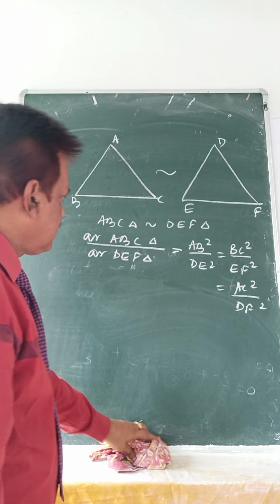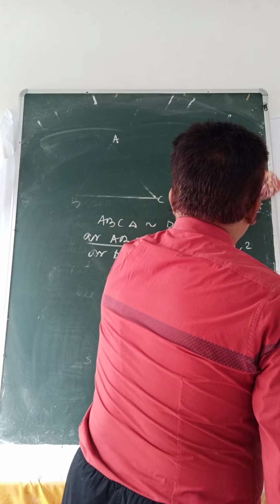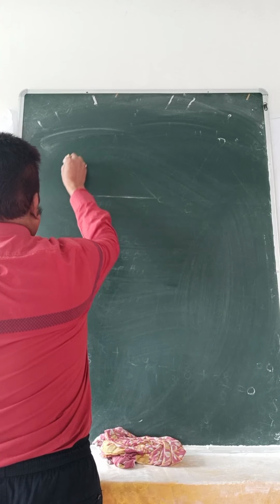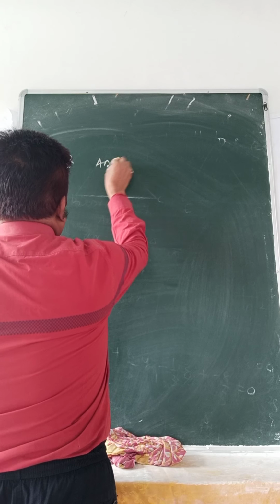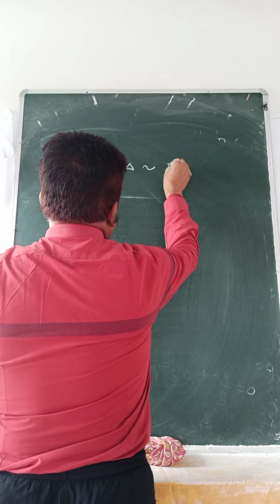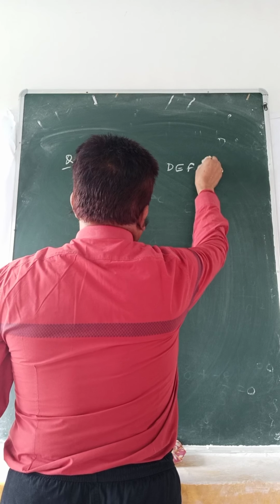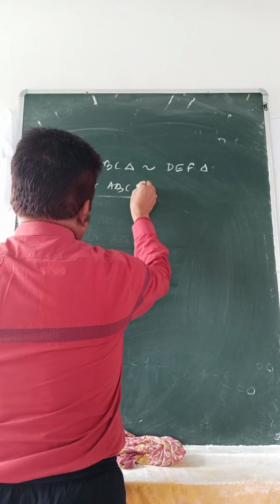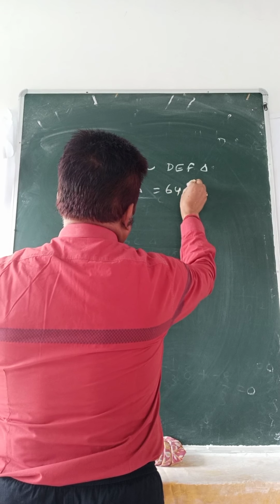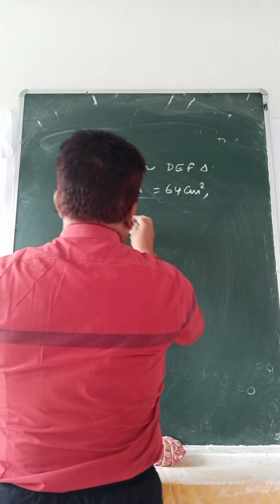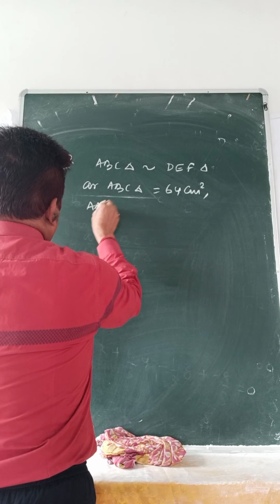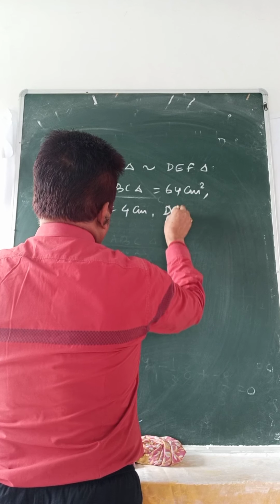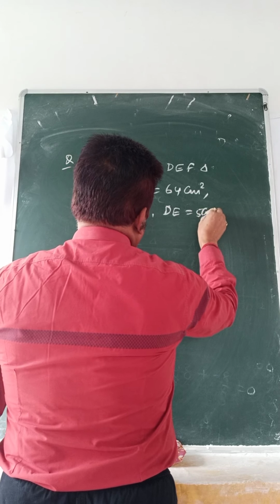So look at the first question on this. First question is: ABC triangle is similar to DEF triangle. Area of ABC triangle is 64 centimeter square. AB equals 4 centimeter. DE equals 5 centimeter.